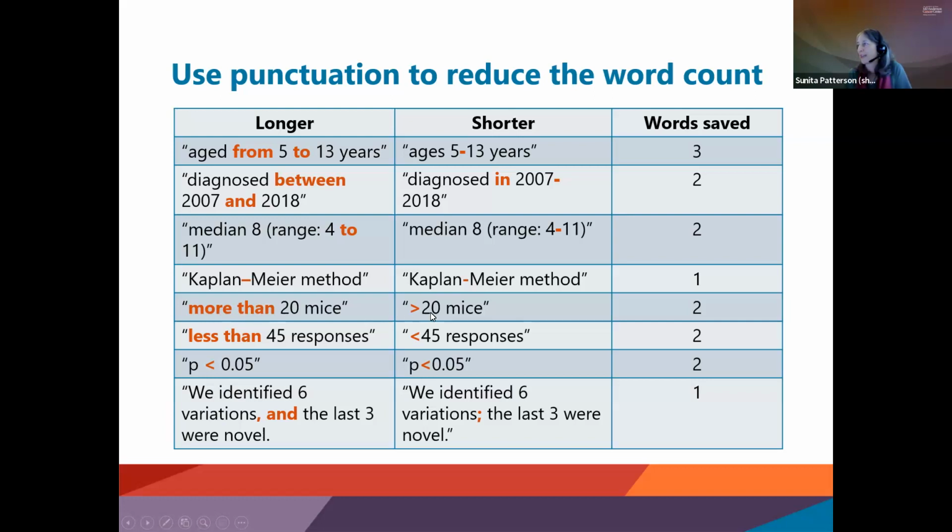Of course, more than, less than, and you close the mathematical symbol up to the numbers and letters before and after it. And then we go from 3 words to 1 word. And then finally, here's an example of where and is being replaced by a semicolon.